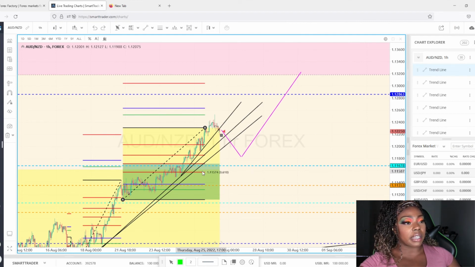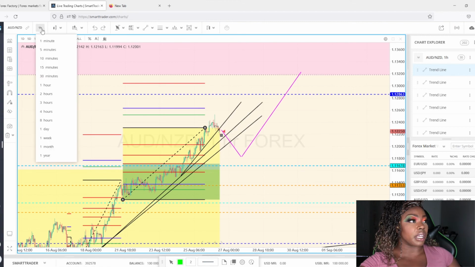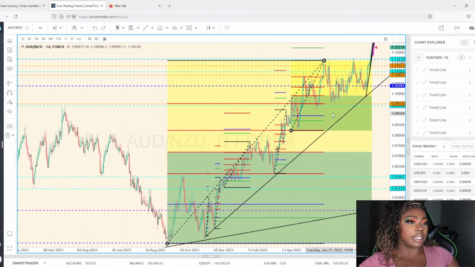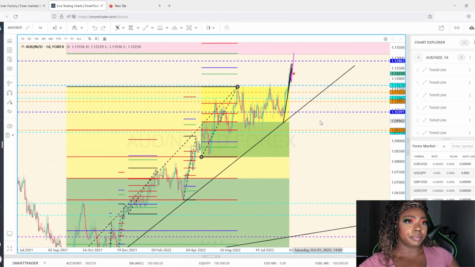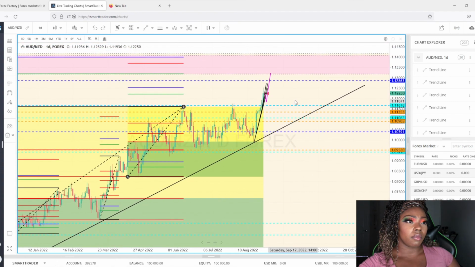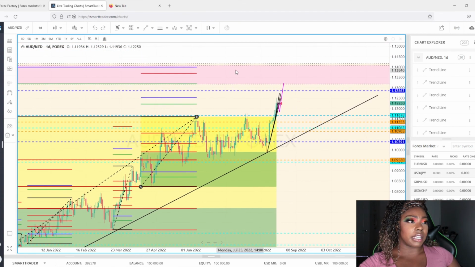Ideally, I would like price to come down to this 61.8 level. That way we can ride it up here, and possibly somewhere in here too, because remember, on the daily time frame, we're expected to be in this little square right here.